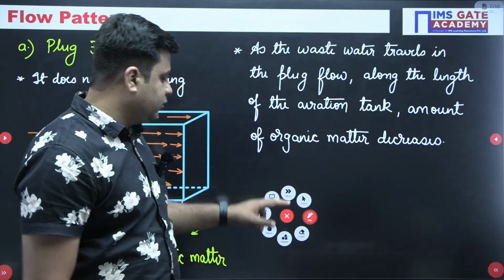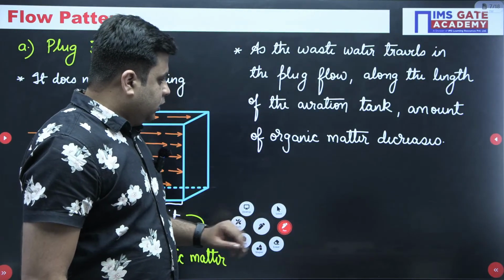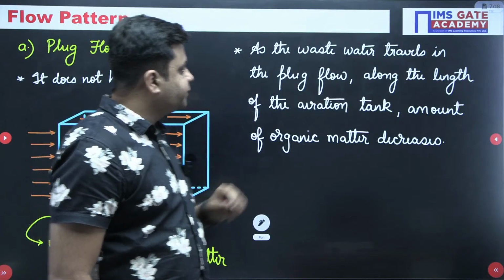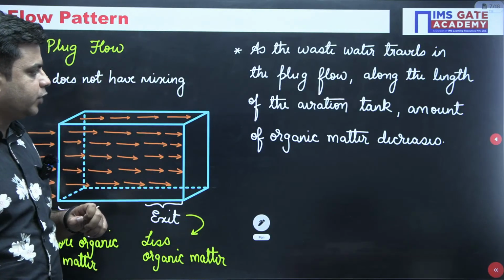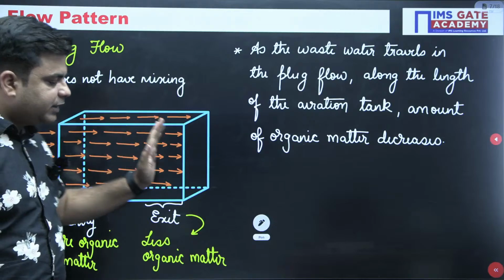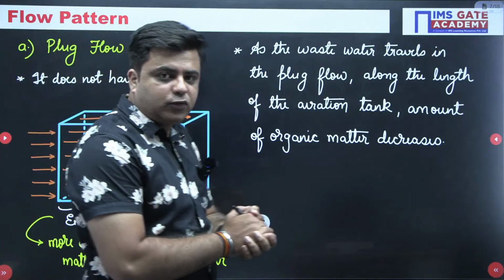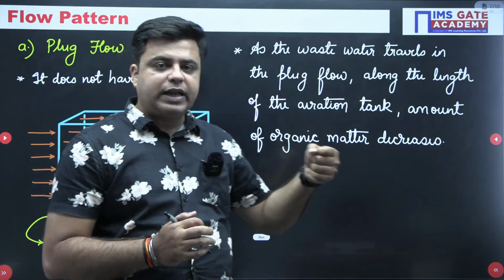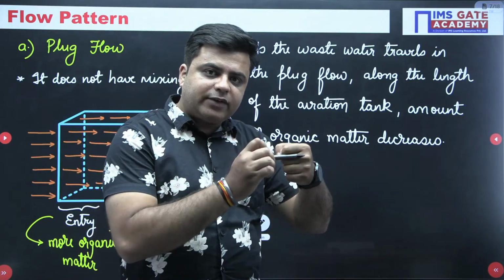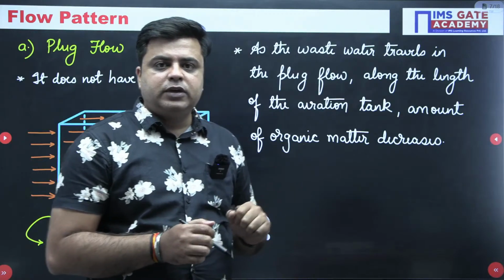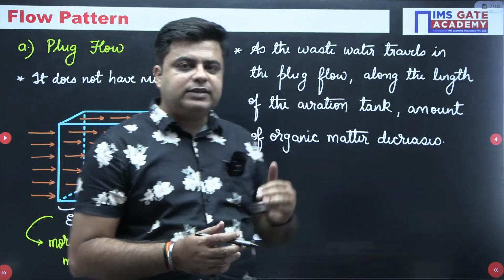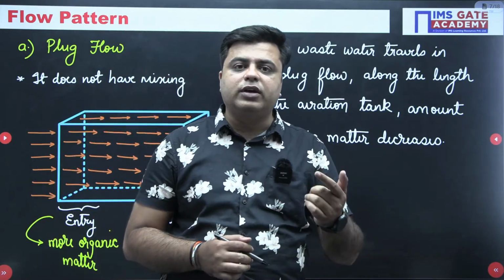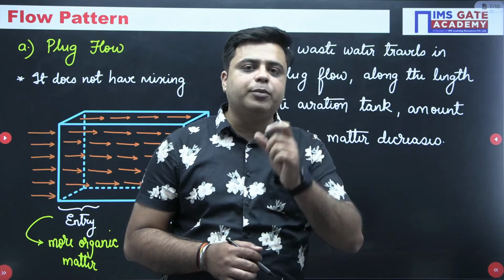Okay, now coming to the next thing. As you can see here, there is no mixing of the wastewater taking place. Therefore, the chances of the microorganism to come in contact with the organic matter are less. The chance of the microorganism to come in contact with the organic matter is known as contact opportunity.